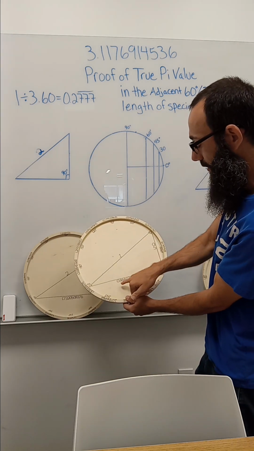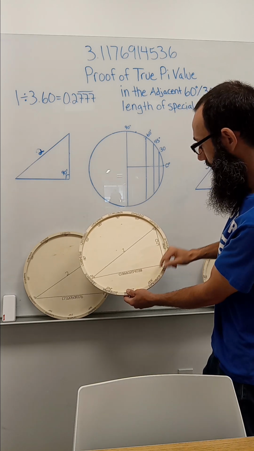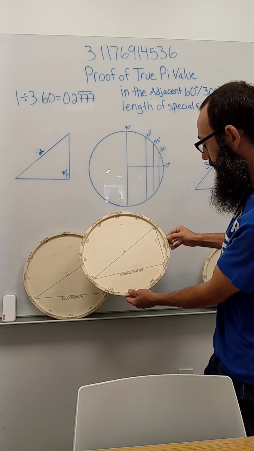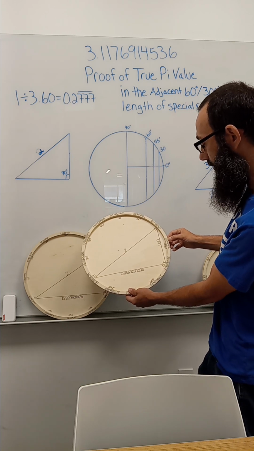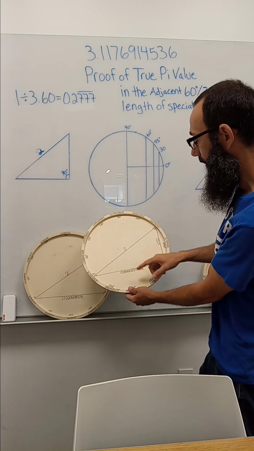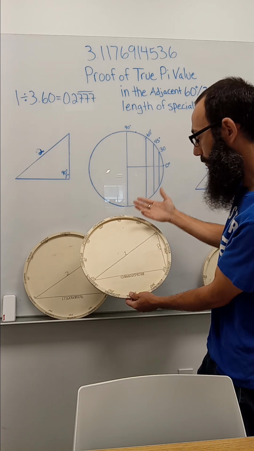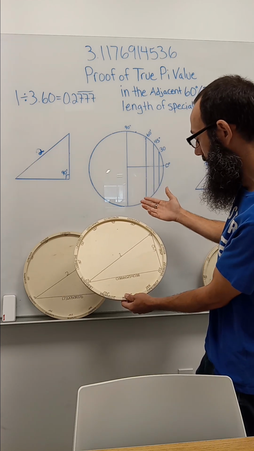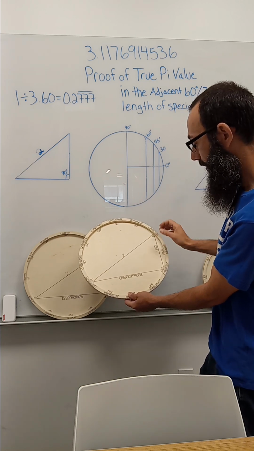But if you take this measurement and times it by 3.6, you'll see that you get 3.1176914536. And then take 1 and times it by 3.1176914536, you get the same answer.